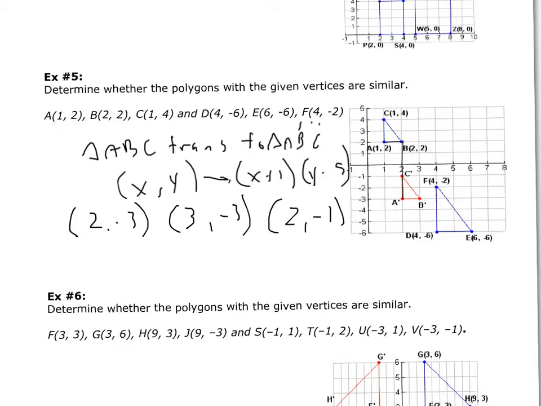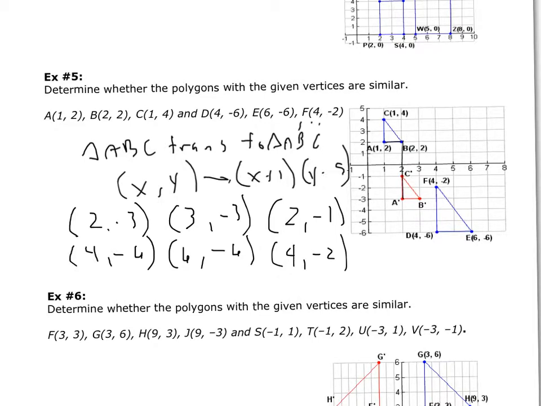And again, these are all the ordered pairs of the red triangle. And we want to compare them to the ordered pairs of DEF. So we have 4, -6 for D. For E, we have 6, -6. And for F, we have 4, -2.